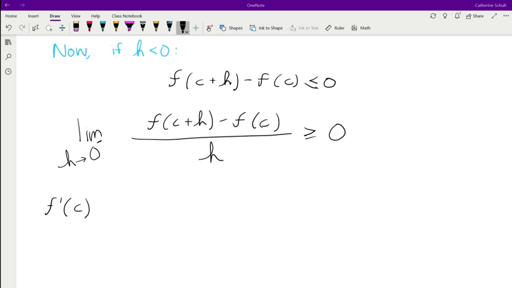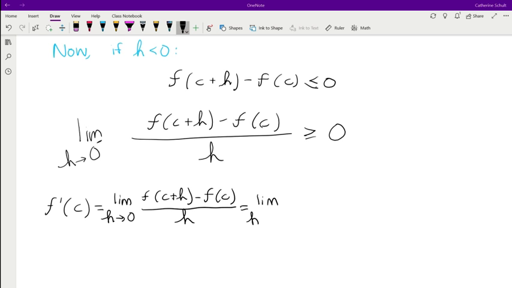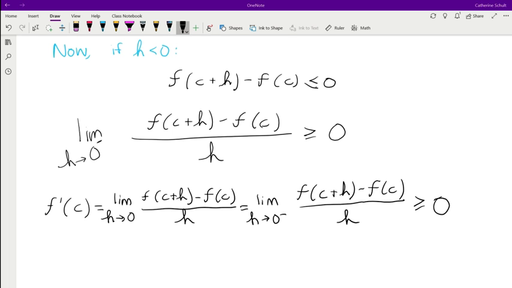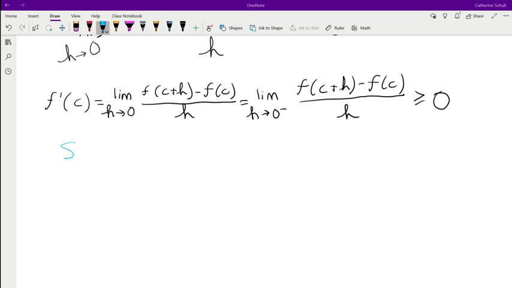So then f prime of c, again, is equal to this limit, since it exists. Since it exists, it means it's equal to the left-hand limit. And this left-hand limit is greater than or equal to 0. So f prime of c is greater than or equal to 0.